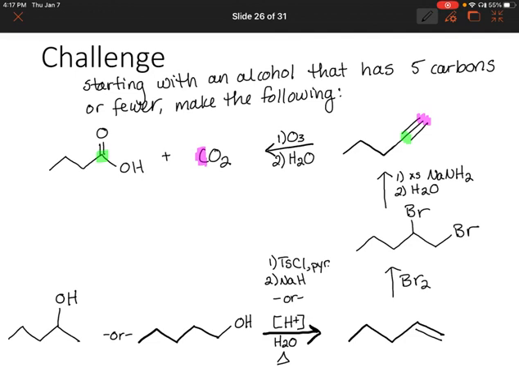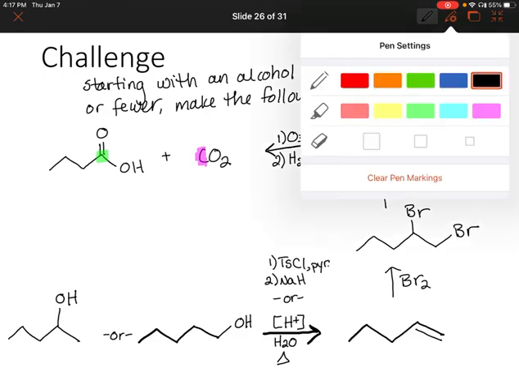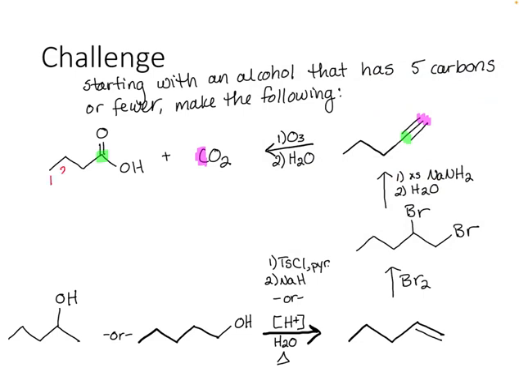Now, one more thing I just wanted to add to this problem. If you're having trouble keeping track of the carbons in your molecules, definitely number them. So for instance, I would have numbered the carboxylic acid 1, 2, 3, 4, and then the carbon in carbon dioxide as 5. So then I can double check that I still have 5 carbons in my product there, or starting material, I guess, since we're going backwards.